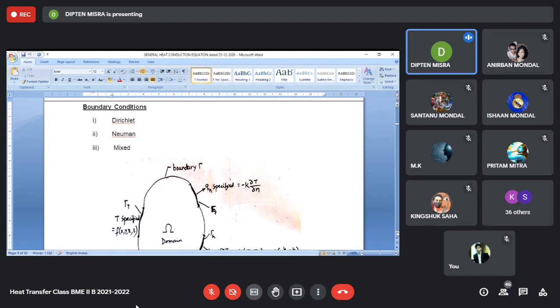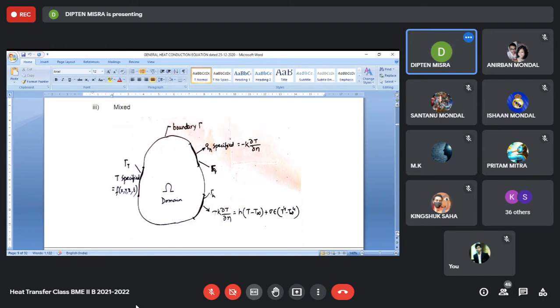Now there may be another type of boundary condition where we neither know the temperature nor the temperature gradient, but something else is known. We do not know the Dirichlet type boundary condition, we do not know what is the temperature on that part of the body.